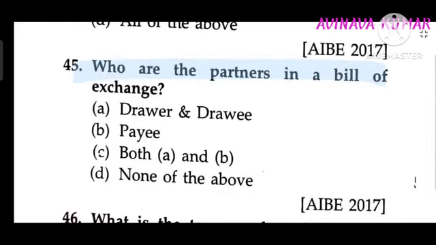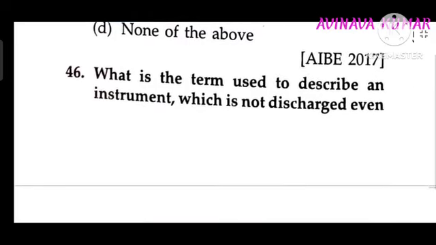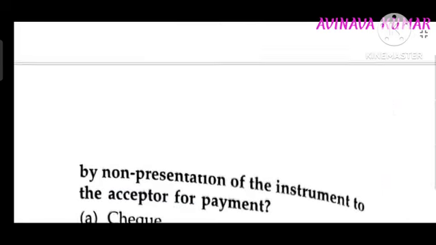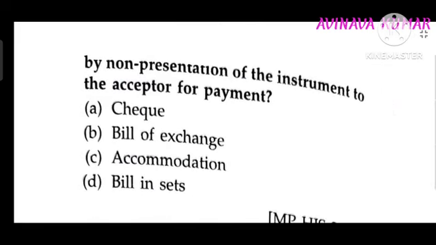Who are the parties in a bill of exchange? Drawer, drawee and payee, both. What is the term used to describe an instrument which is not discharged even by presentation of the instrument to the acceptor for payment? Bill of exchange.